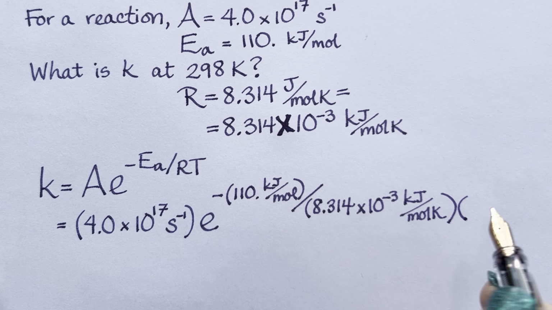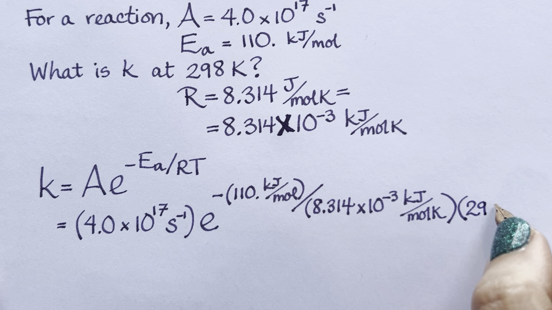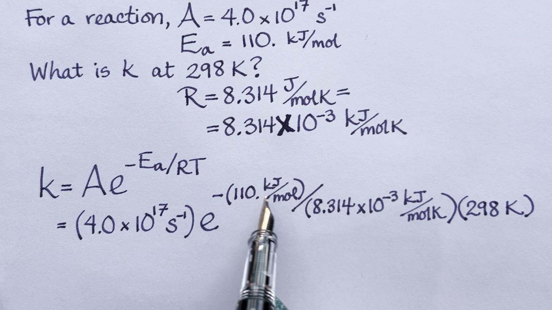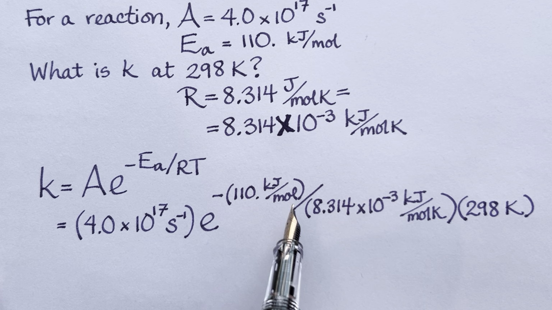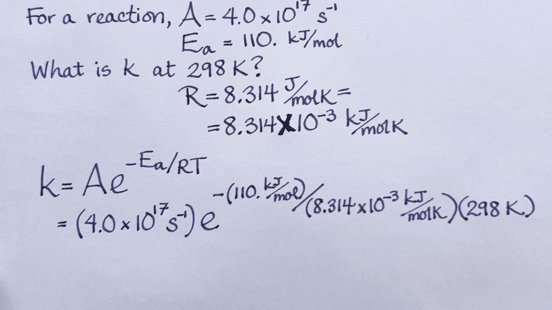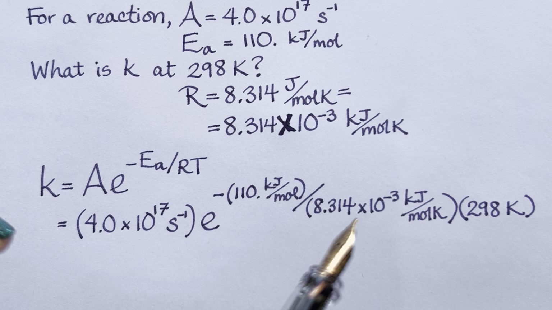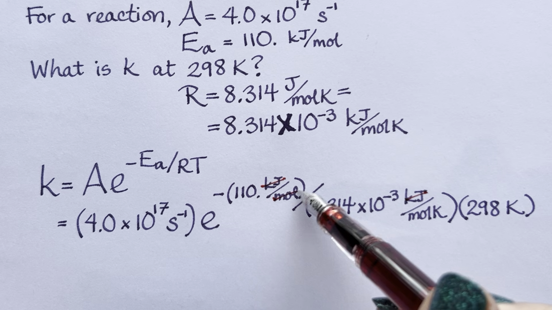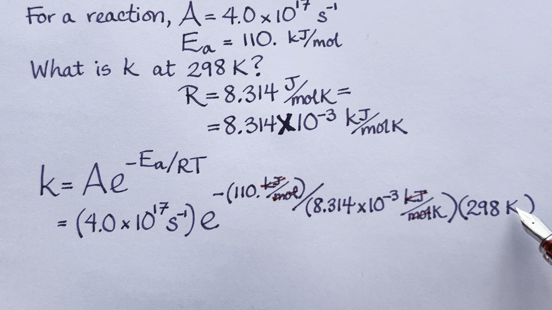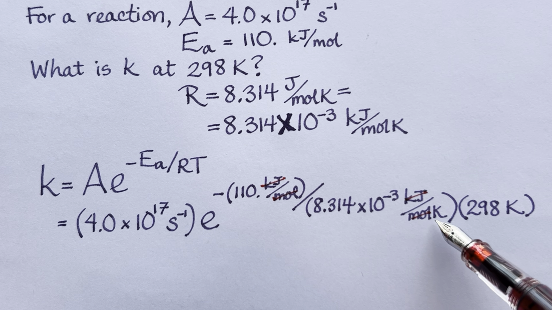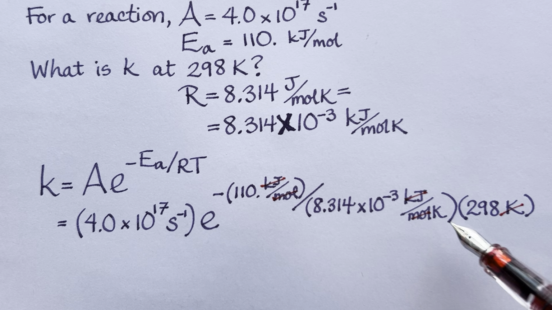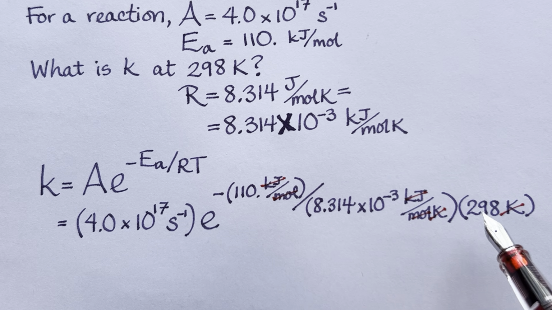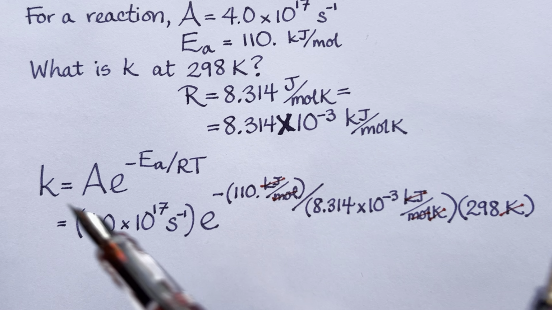This is also in the denominator, this whole thing. 298 Kelvin. So 110 kilojoules per mole, kilojoules are going to cancel out, per mole cancels out, and Kelvin is in this denominator, so Kelvin's going to cancel out. And so this entire exponent is going to be unitless.